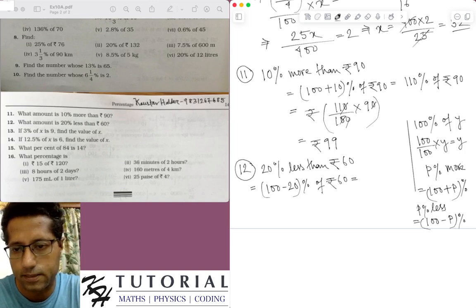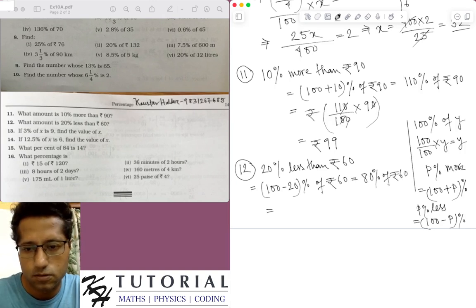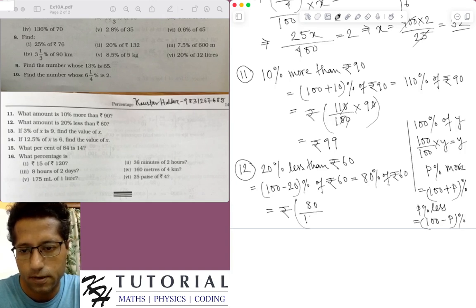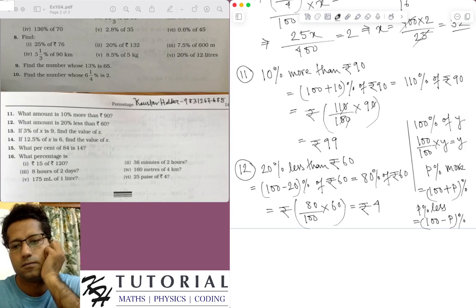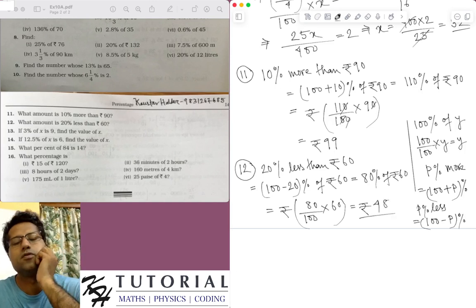This equals 80% of rupees 60. This equals 80 by 100 multiplied by 60. This is rupees 48.